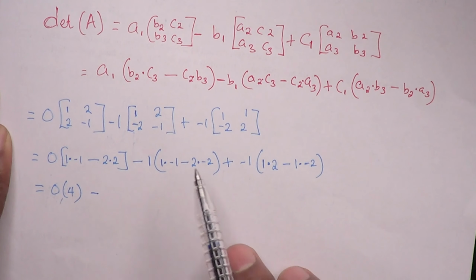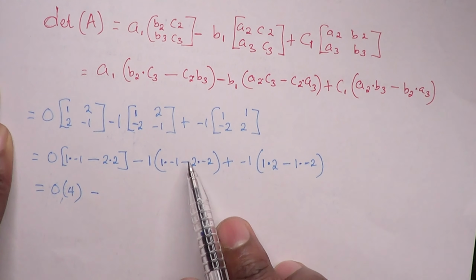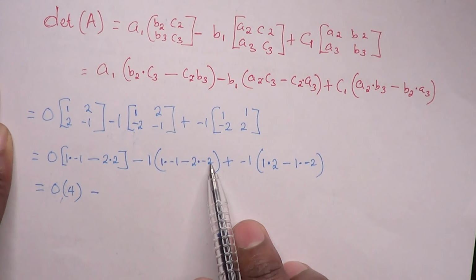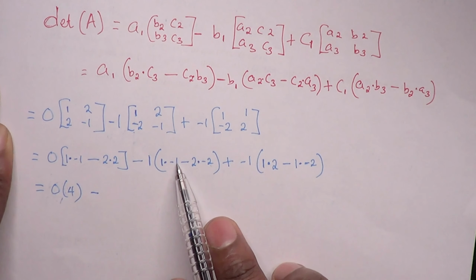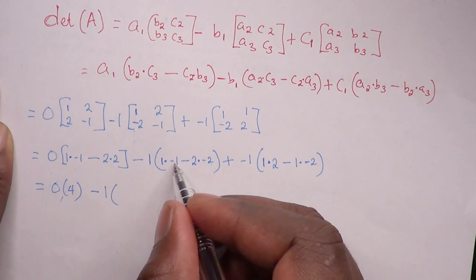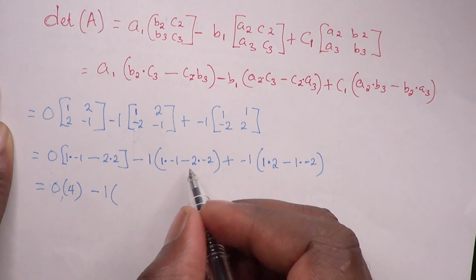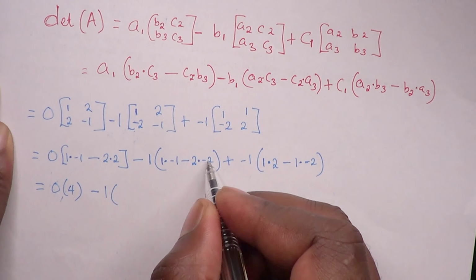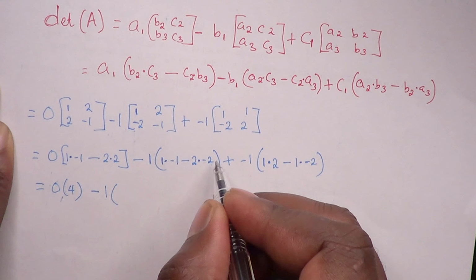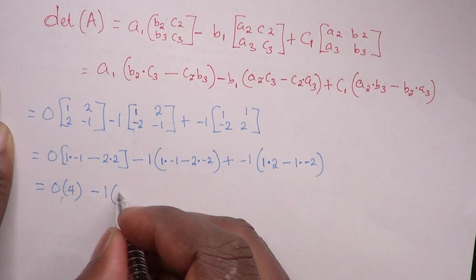Minus, this is 1 times negative 1, we get negative 1, minus negative 2 times negative 2, that is positive 2, positive 2 times negative 1, we get negative 1. Minus this one, remember it was negative 1, 2 times this one, we get negative 4. Negative 1 minus minus 4, that's negative 1 plus 4, that is positive 3.